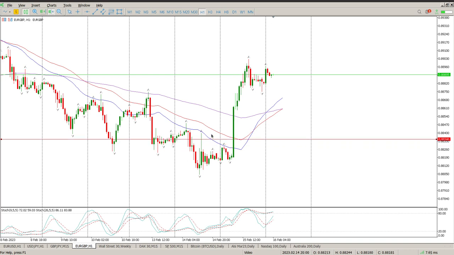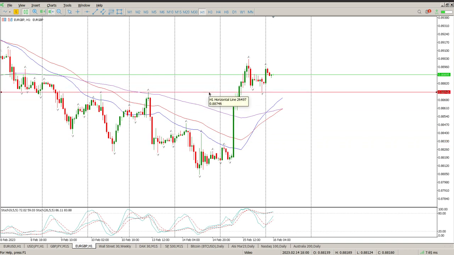So what's happening now is you should be looking for a pullback onto structure, which we did get yesterday, and I would put the other level in as well. So we're looking for structure off 0.88746 or 0.88845. I'm looking for a pullback onto here, a bounce and a move to the upside.